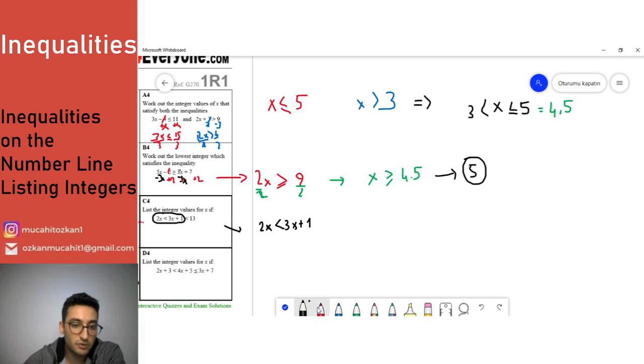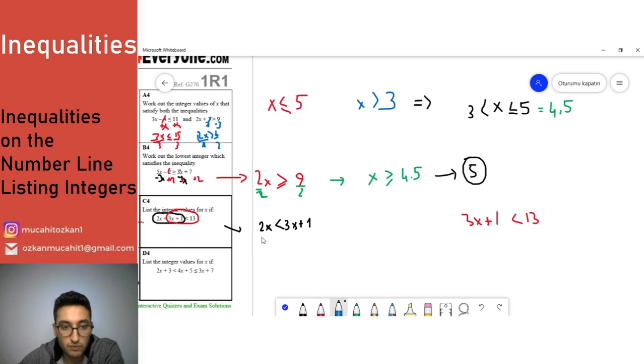This is our first inequality, and I'm gonna use the same numbers in that part as a second inequality, and I will solve them separately like I did in the first question and put them together. And the second inequality is 3x plus 1 is less than 13.